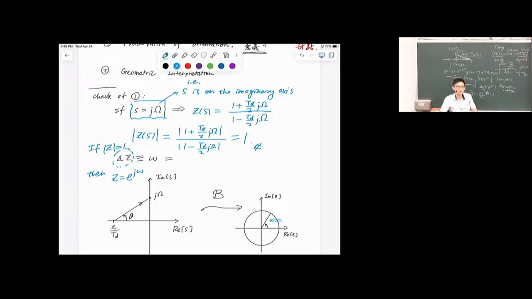It's pretty important to consider the phase of Z because it gives you the digital frequency. So let's work on it. What is the angle of Z now?